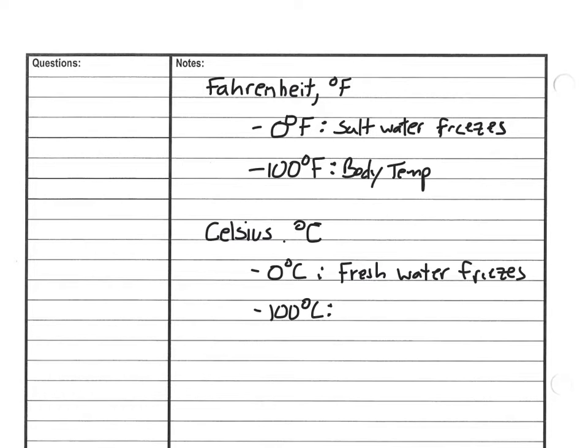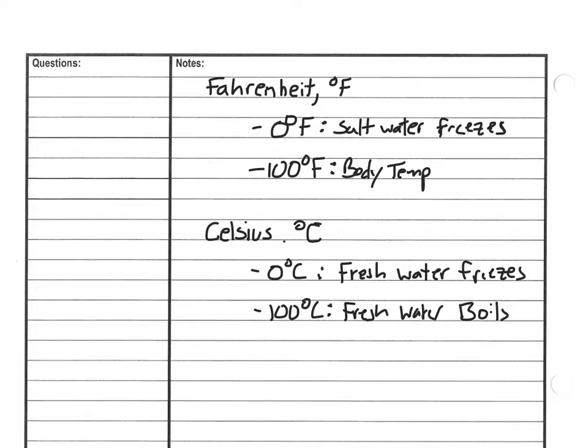And he said that 100 would be where fresh water boils, which happens to be 212 Fahrenheit. And then he measured everything relative to those two temperatures. Body temperature on Celsius's scale is about 37. So he's got his own scale.